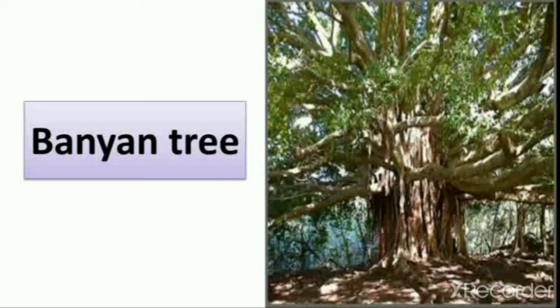The place is in the middle of Narmada river. So, in earlier time, there was only one banyan tree. But after, from one banyan tree, so many banyan trees grow.